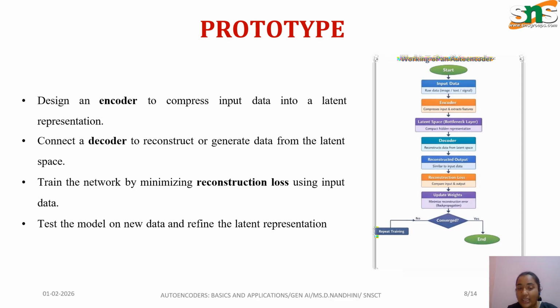That means in this prototype, input goes to encoder, encoder to latent space, latent space to decoder, and decoder to output, trained using a reconstruction loss. This prototype includes image compression, noise removal models, and anomaly detection systems. So this prototype is a good solution to build a proper autoencoder.